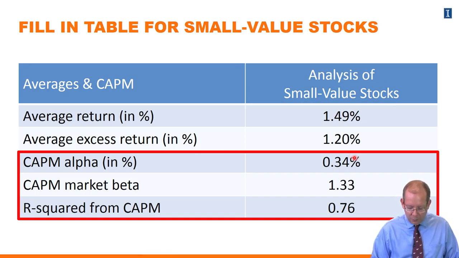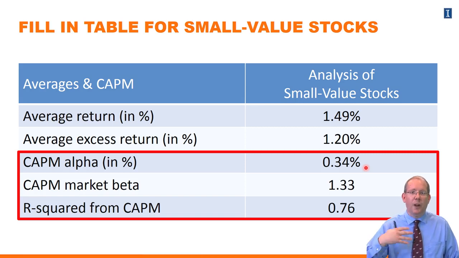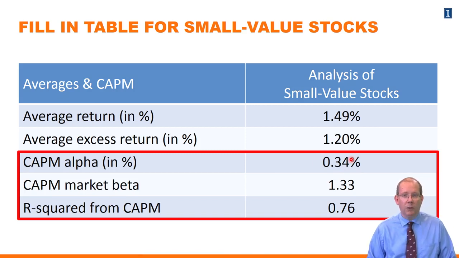The remaining 0.34% is alpha, or the amount by which a small value portfolio has done better than expected, has beat its benchmark. So you can see small value stocks are riskier than the market as a whole, given their beta of 1.33. But even after controlling for that, they still have beat their benchmark by about 0.34% per month, or about 4 percentage points on an annual basis.